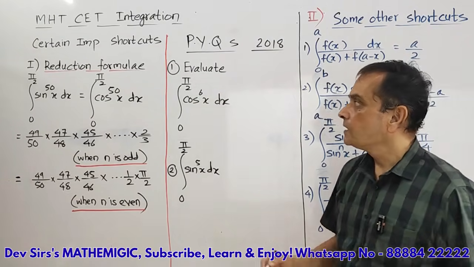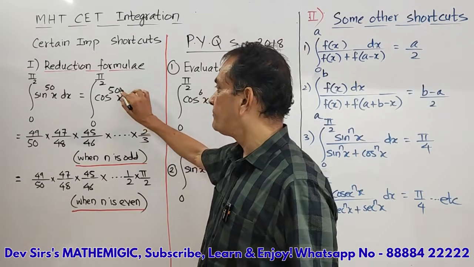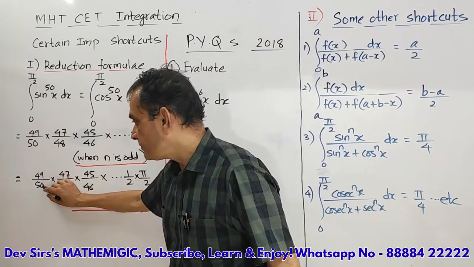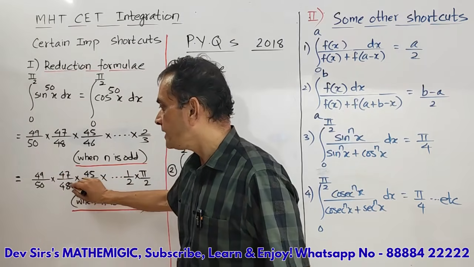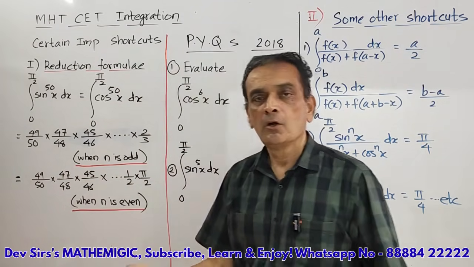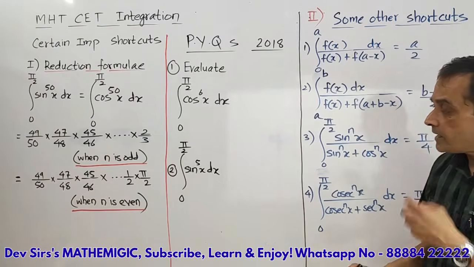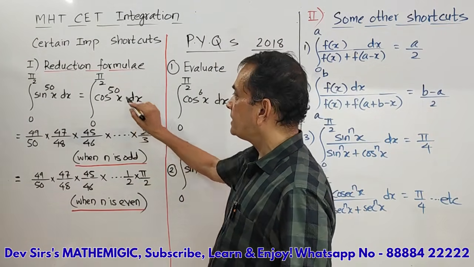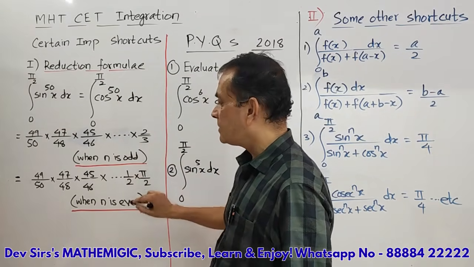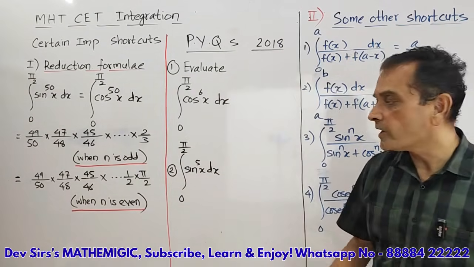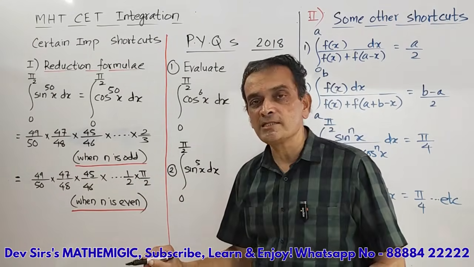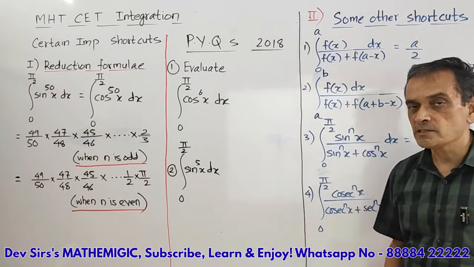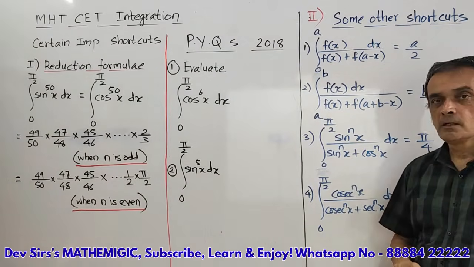But when n is even, like 50, and you apply reduction formula, same way, 50 ऊपर 49, 48, 47, 46, 45, go on reducing until you reach 1 by 2. So when this number is even, last number is 1 by 2. And if you get 1 by 2 as the answer, then the rule says you have to multiply by pi by 2, whatever answer you get.